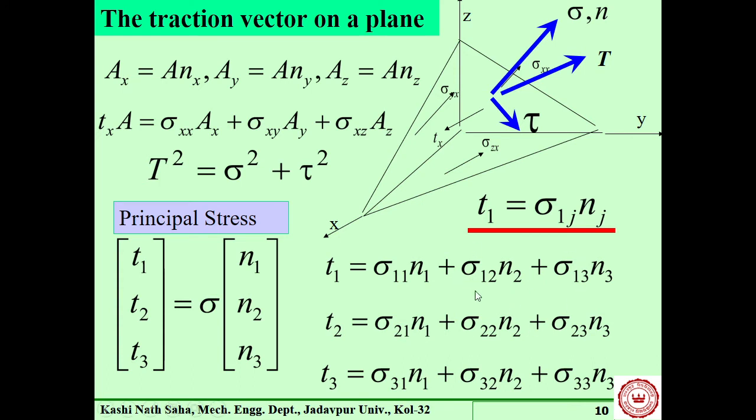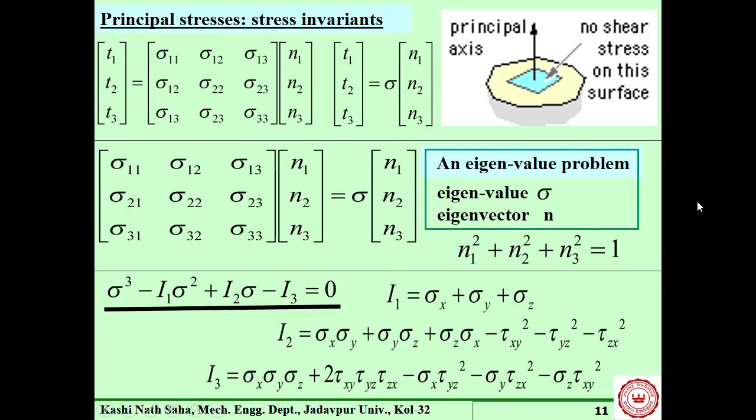Okay. So these three are Cauchy's equations, and these three sets of Cauchy's equations. This is the shorter form of this. So this part is the equation, or this is the traction vectors for a given direction n1, n2, n3.